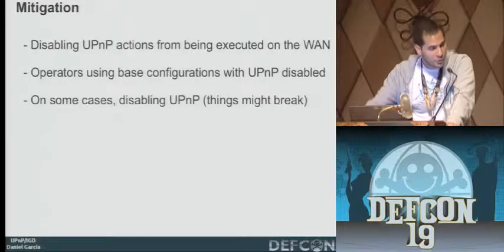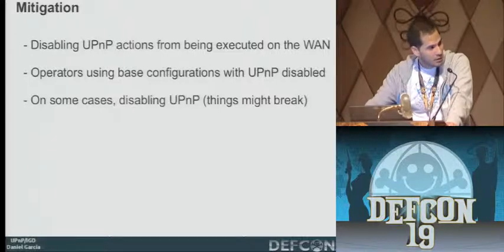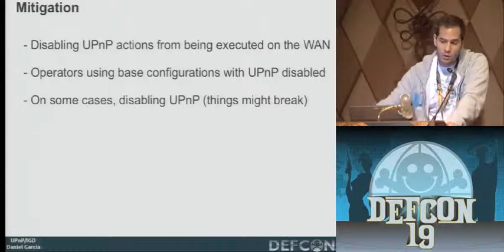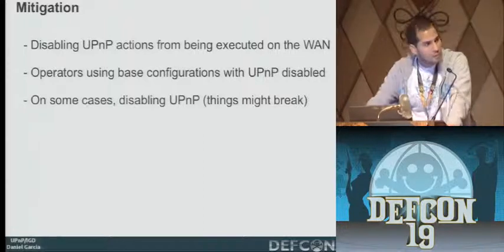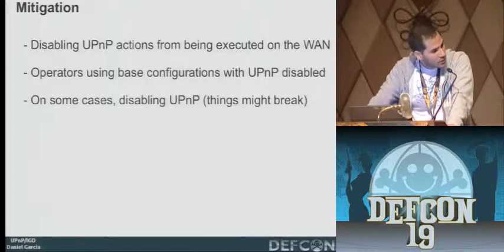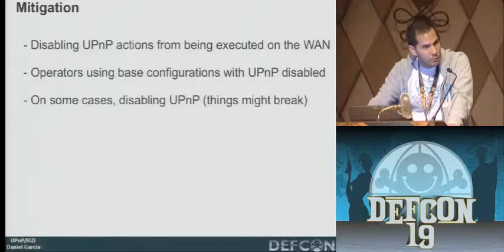Now, unfortunately, some devices, even after you configure them to accept the actions from the LAN side, just don't work. I mean, you can configure them and they will keep on working on the WAN side, which is pretty bad too. We also could work with ISPs, which could do some base configuration to disable by default the UPnP WAN request.